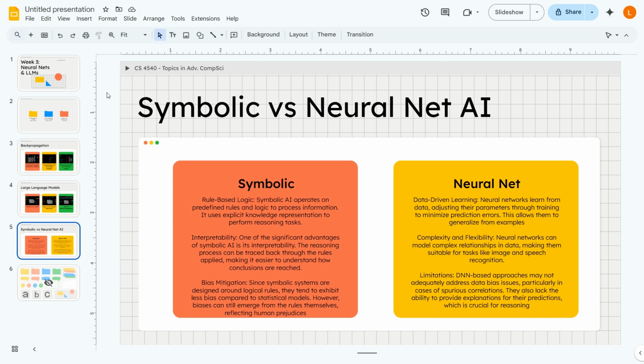Now, neural nets learn from data through parameter adjustments during training on the data, which in a sense allows them to generalize from examples. They can also model complex relationships, making them great for tasks involving image and speech recognition.